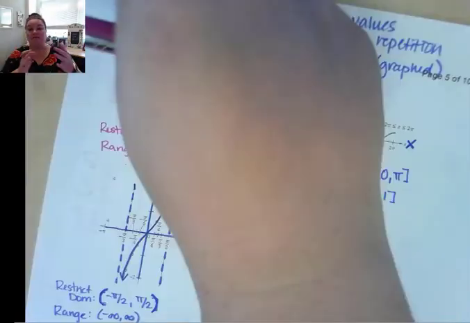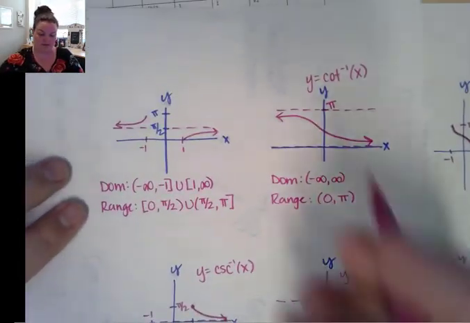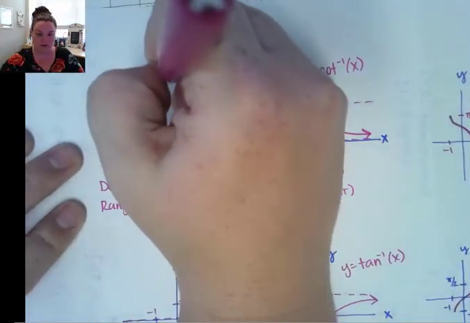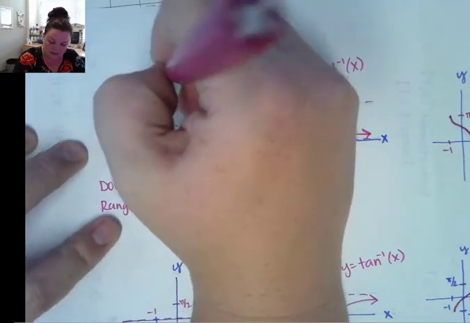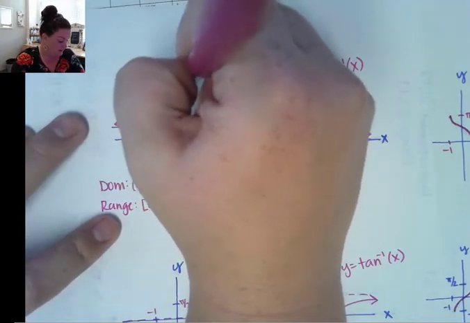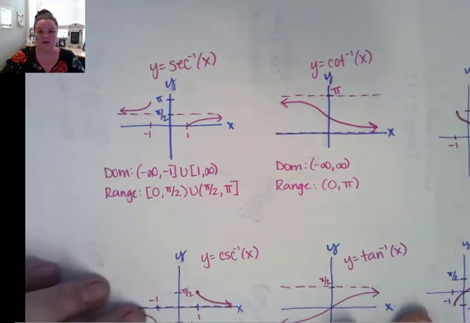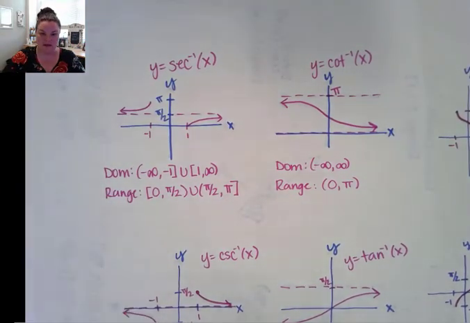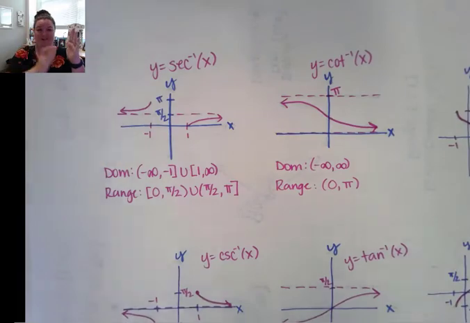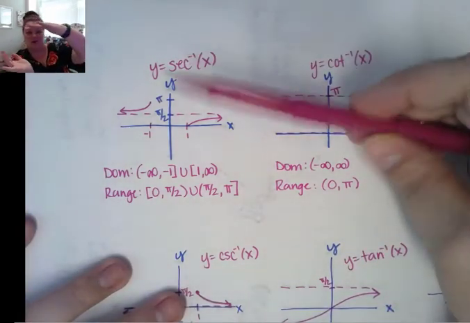When I flip this over, again grabbing that left-hand corner of your paper, we should end up with y equals secant inverse of x, looking something like this. This time, our domain that went from 0 to pi with an asymptote in the middle has been reflected over onto the side.